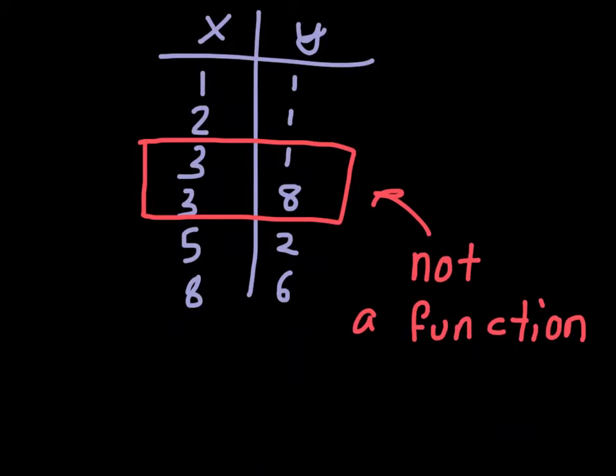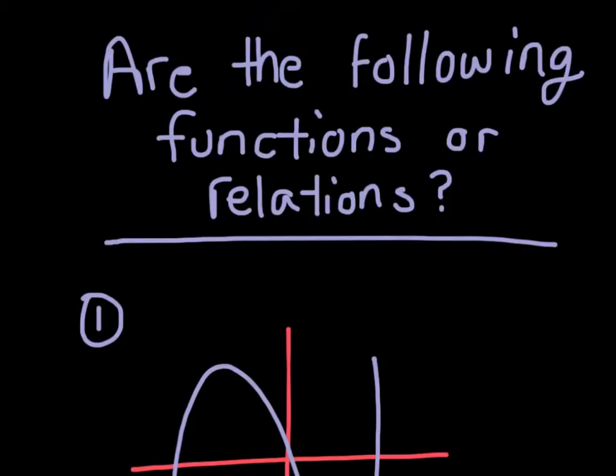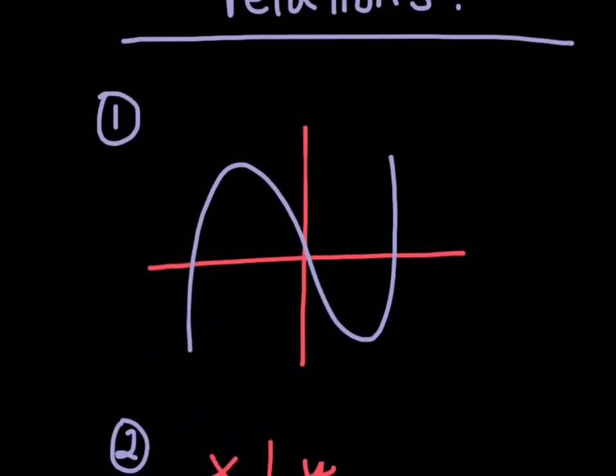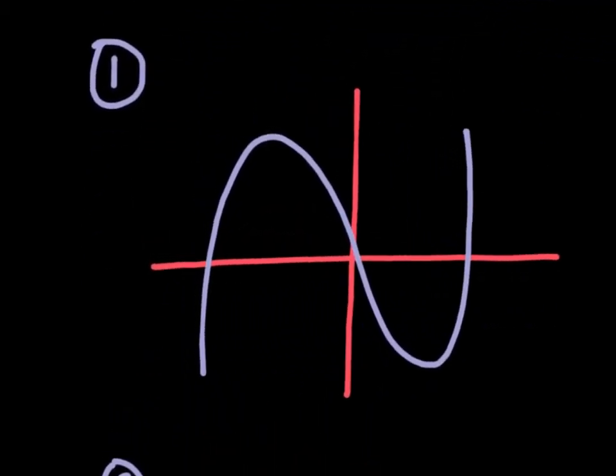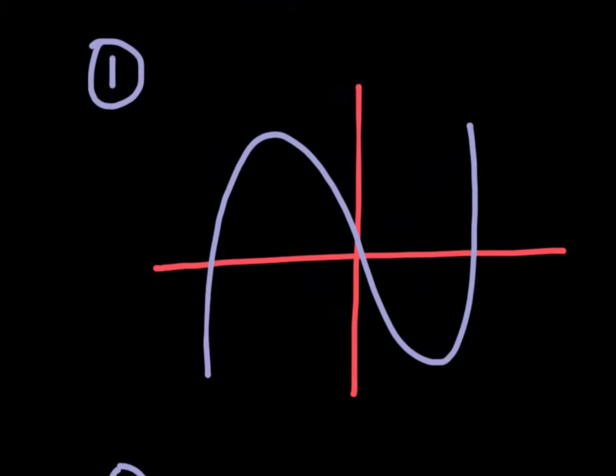So now let's do a few problems to see if we actually understand this concept. Alright, here we go. We have a few questions we can try. The question is, are the following functions or relations? Let's go down to question number 1. Let's zoom in a little. Is this equation or graph here a relation or a function?